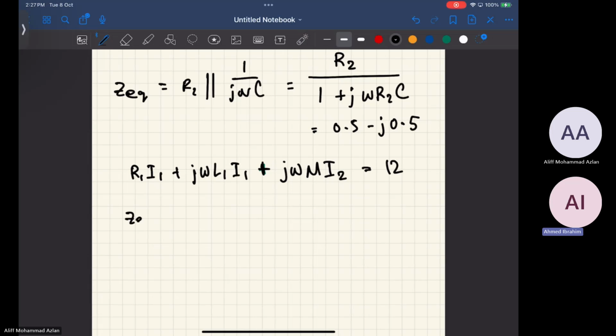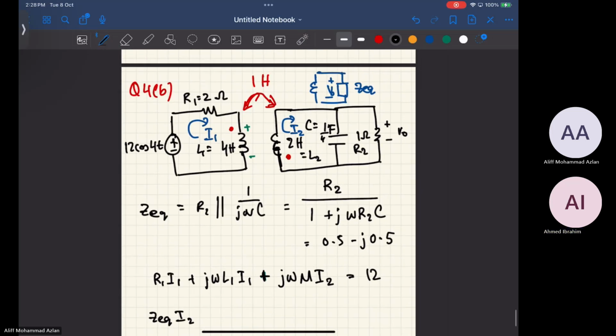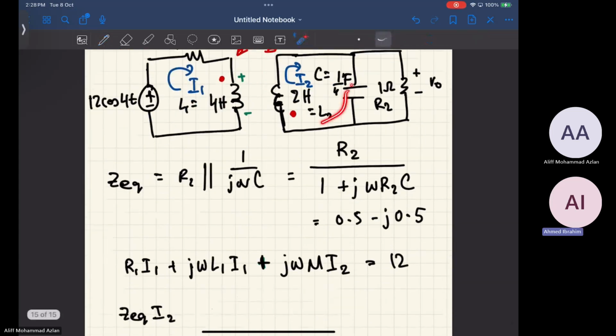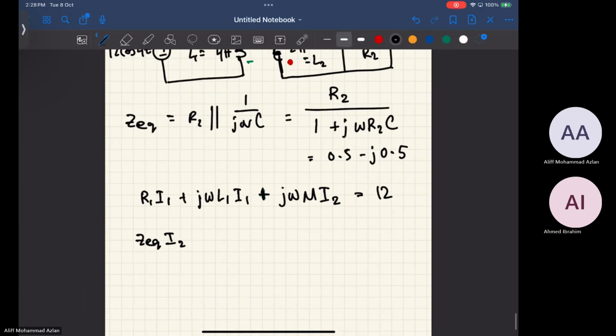We have Z equivalent I2 plus J omega L2 I2. And similarly, we'll have the same term for the mutual inductance, except I1 instead of I2.